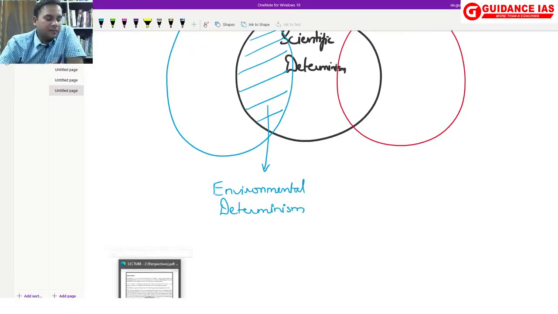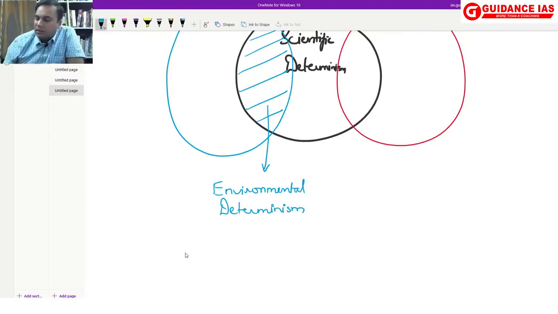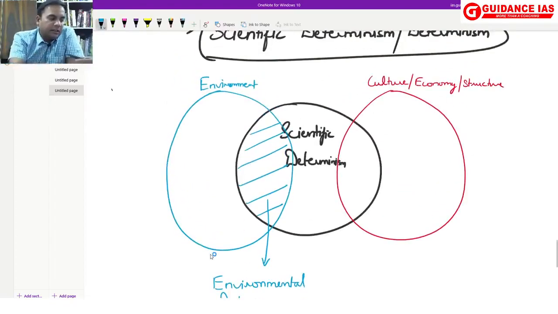Can you understand this? Where we are using the principles of environment to understand why people are behaving, why people are doing something, why people are acting the way they are. When I am using principles of environment, I believe that the law exists in the environment, that is the physical environment.